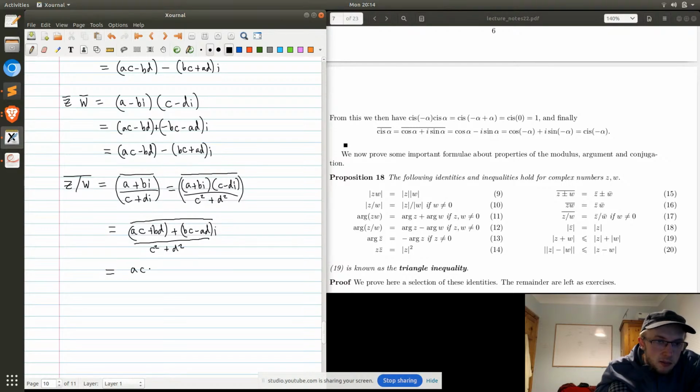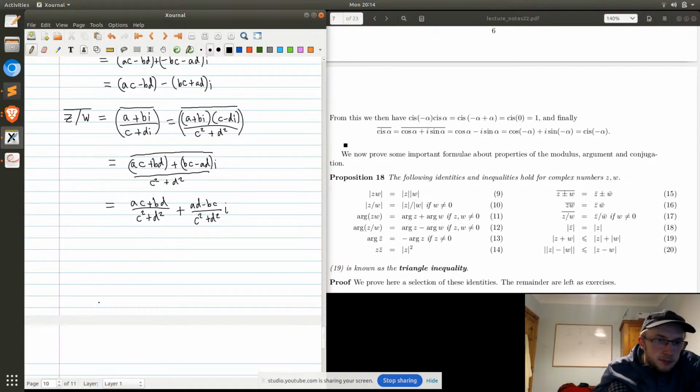Okay, so the real part is untouched. The imaginary part becomes its negative, so ad minus bc, all over c squared plus d squared, and then that times i.